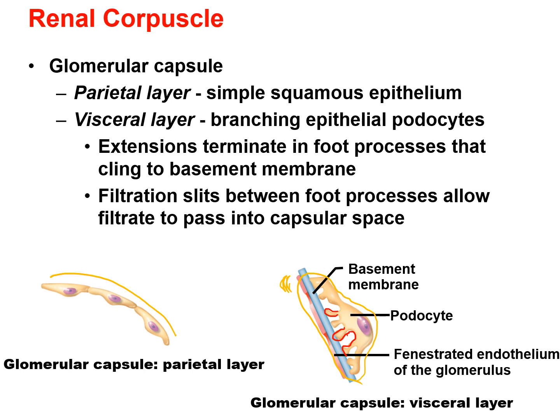And the filtration slit is going to be important because you have these podocytes closely associated with your glomerulus, and they have slits in the cell between those podocytes, and these filtration slits will allow filtrate that is passing through the endothelium of your glomerulus to pass through the filtration slit and then enter into the space of the glomerular capsule.